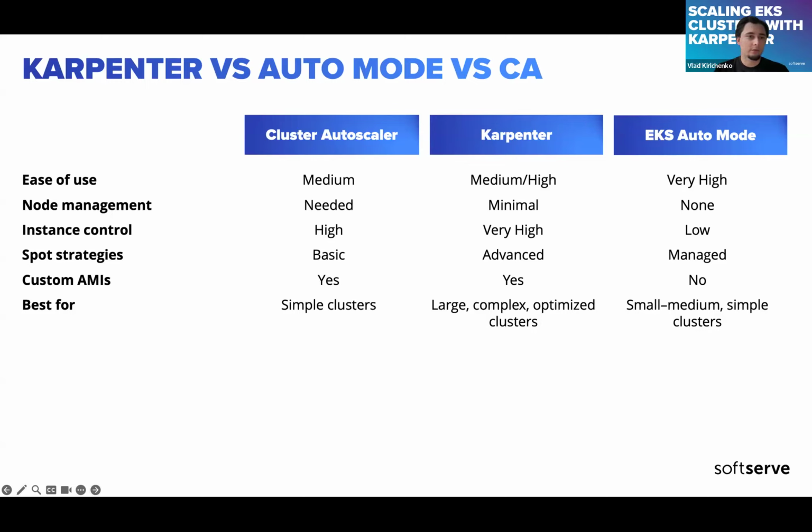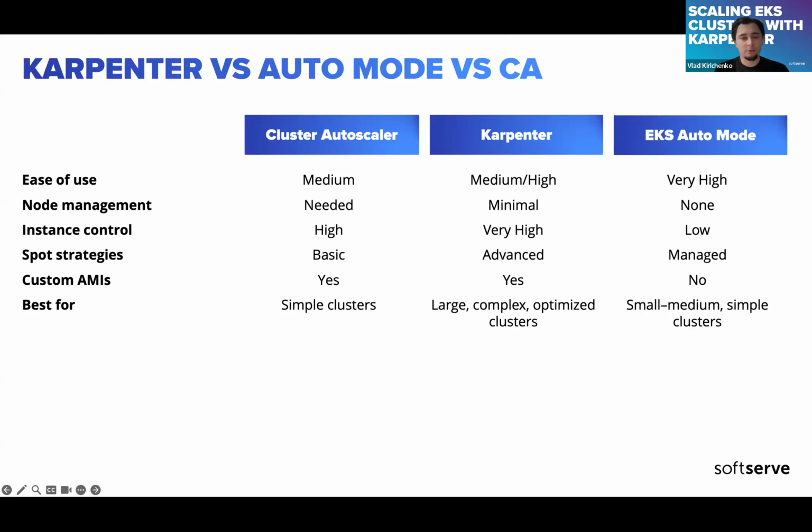For node management in cluster autoscaler, we need to manage and create some workarounds to handle spot instances, termination, etc. In Karpenter, everything is out of the box, so it can detect some issues and migrate all the resources to a different, healthy node.